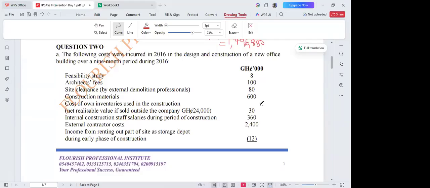The following costs were incurred in 2016 in the design and construction of a new office building over a 10-month period during 2016.